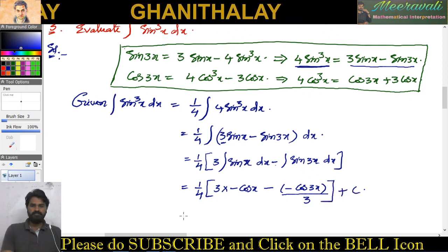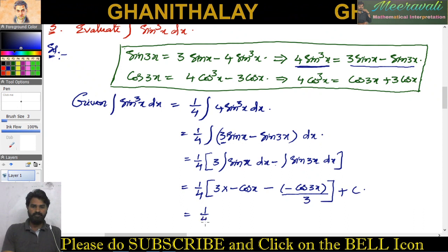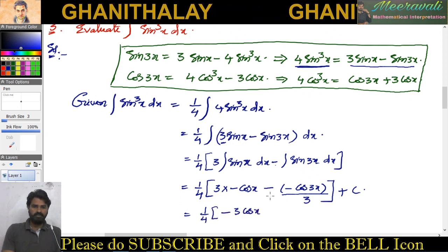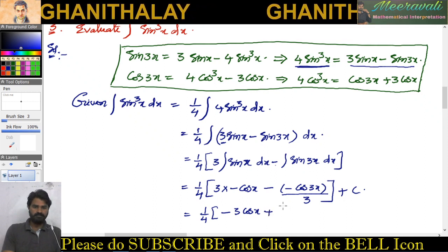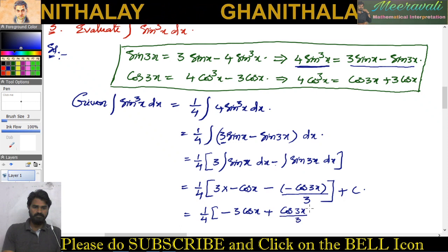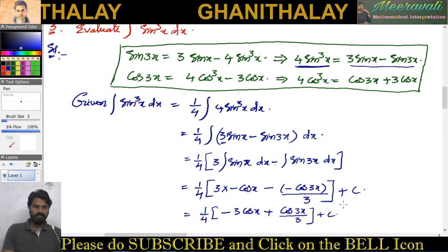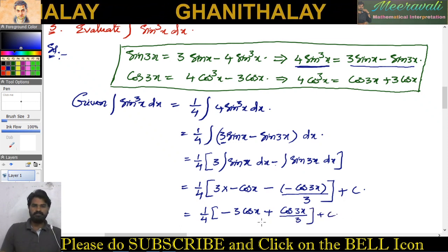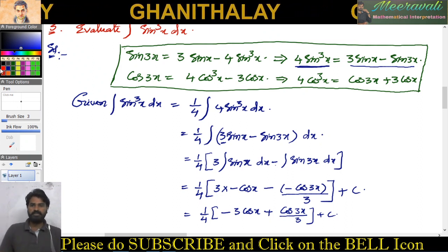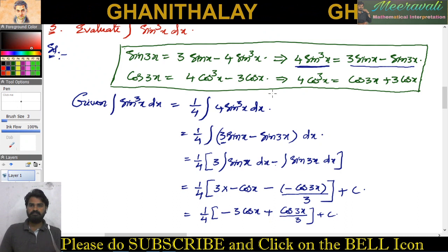Now you can simplify here: 1 by 4 into minus 3 cos x, and minus into minus gives plus cos 3x by 3, plus c. Okay, this is the answer. Now I am going to give you one more problem as homework, to try in the same process.